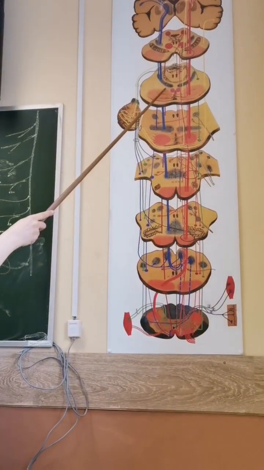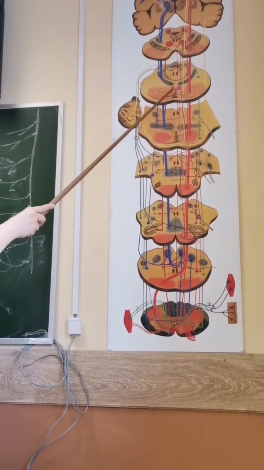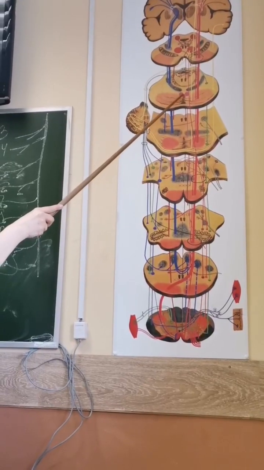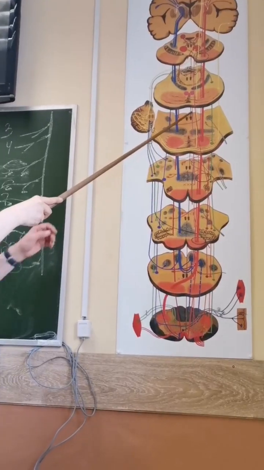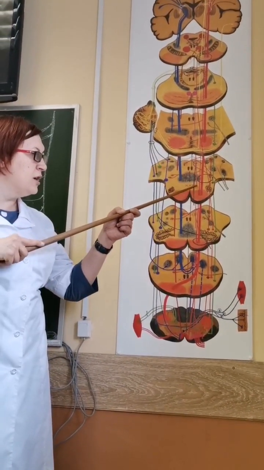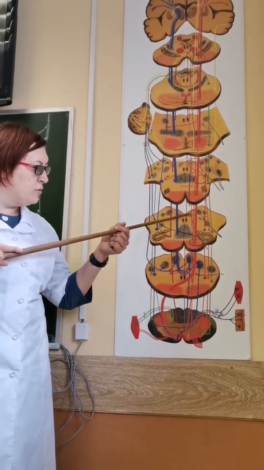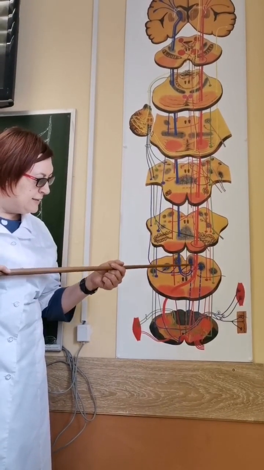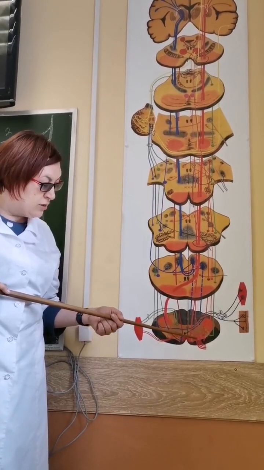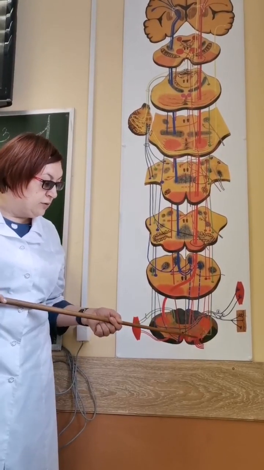Reticulospinal tract starts from the special nuclei of the reticular formation in the midbrain. The axons form the reticular formation, and as a part of the reticular formation, descend and reach the anterior and lateral funiculus.